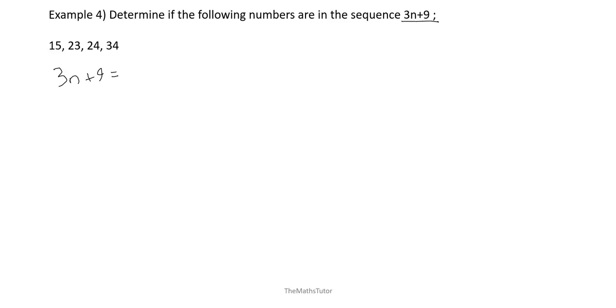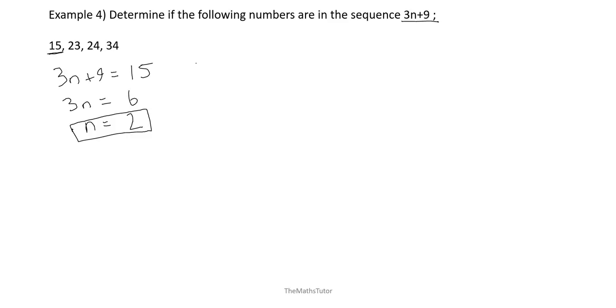So we'll start with 15, and we will say 3n plus 9 is equal to 15, and this will give you that 3n is then equal to 6, which will then give you that n is equal to 2. Here I've simply minused the 9, and here I've simply divided by 3. And here we can see that n is a whole number, so we can conclude that 15 is in fact part of this sequence.